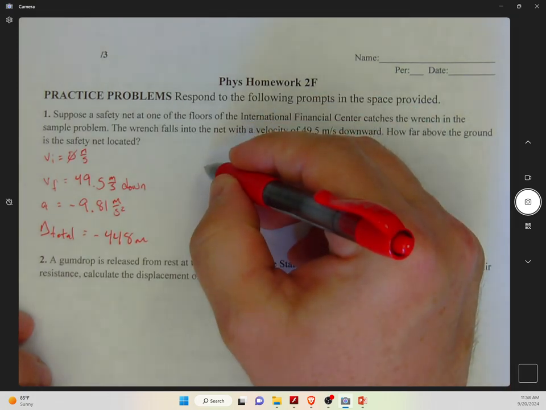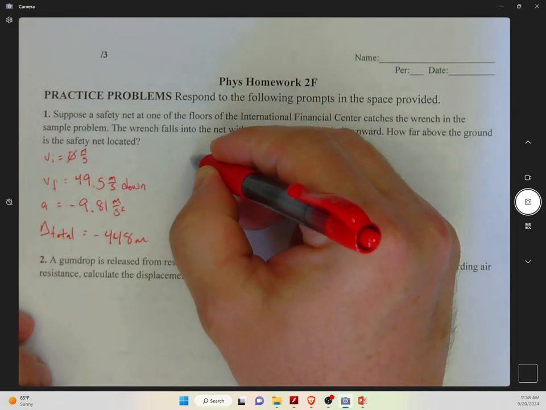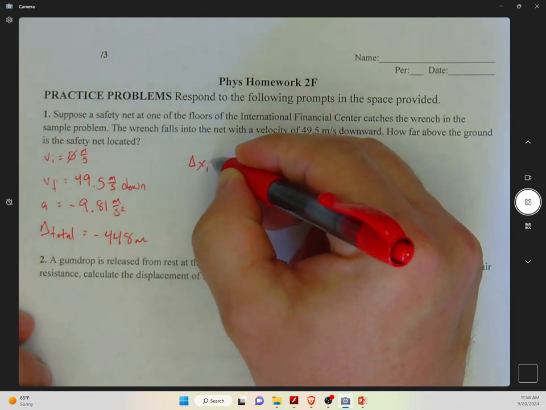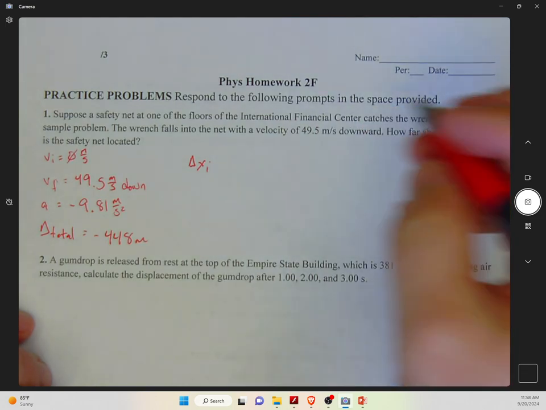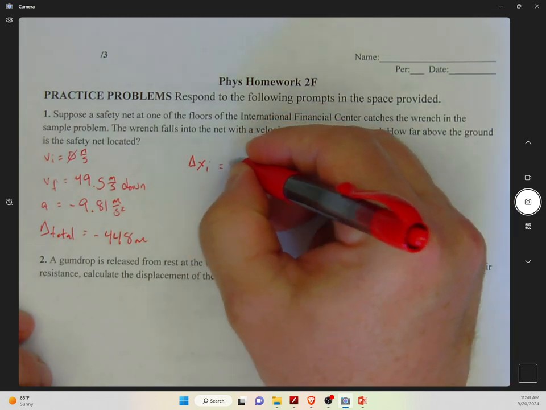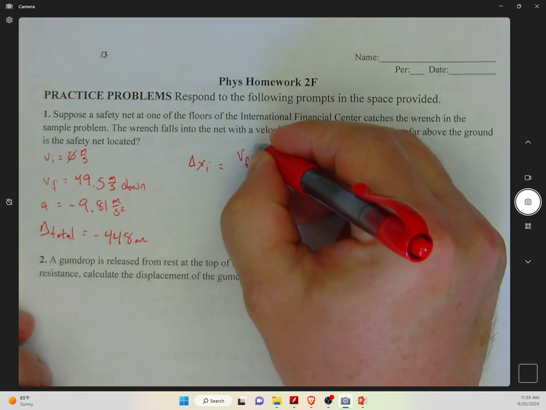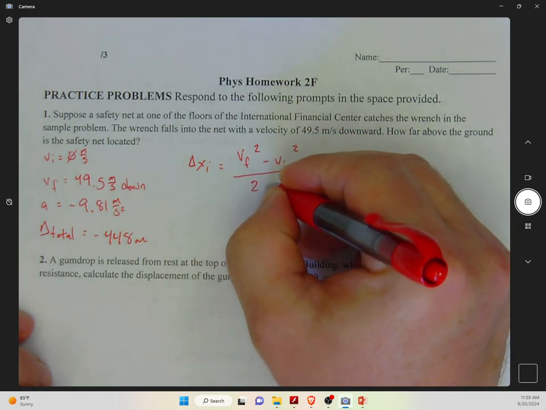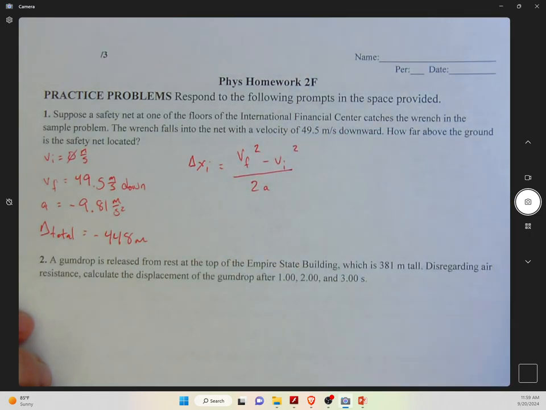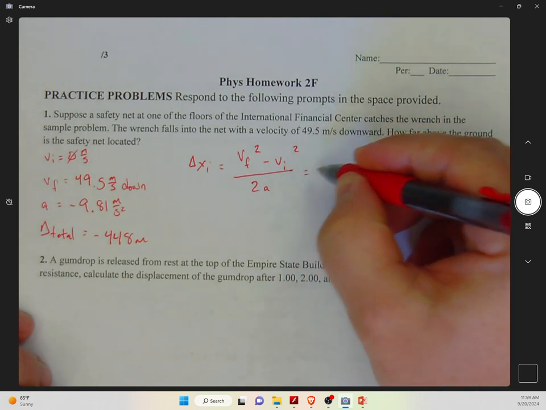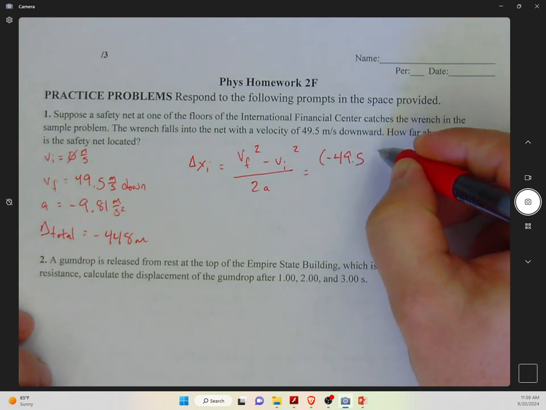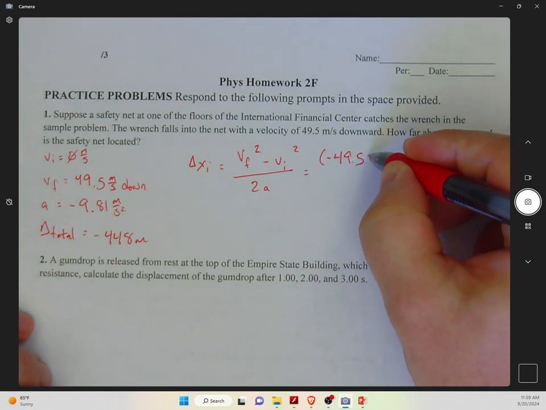All right. So we have that first go round. So plug those things in. And again, this is 49.5 meters per second.